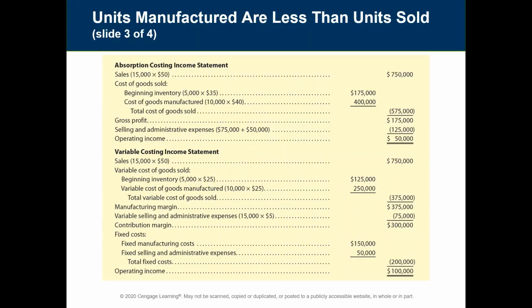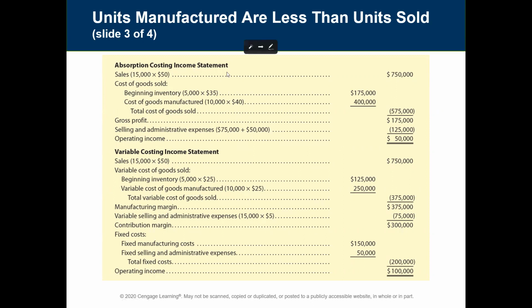On the other hand, if you are in a situation where you are selling off your inventory, reducing your inventory, a manager should not be punished or treated unfairly because of that. And that's the situation we have here.